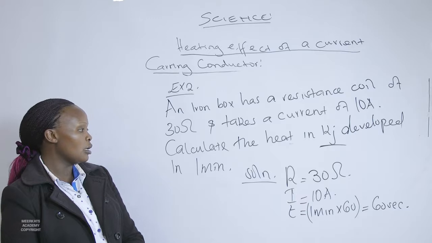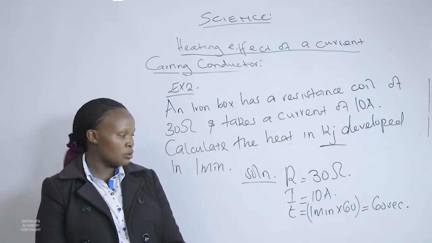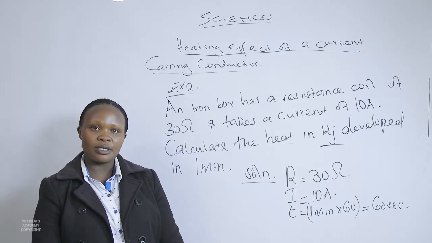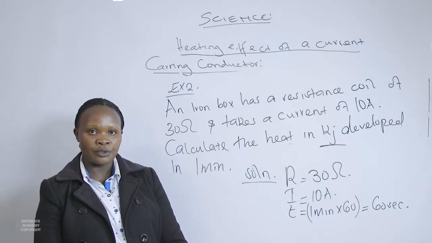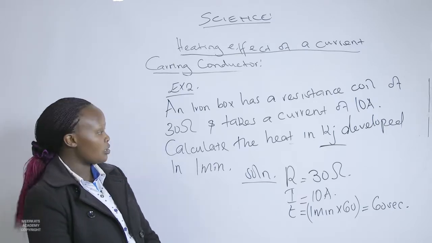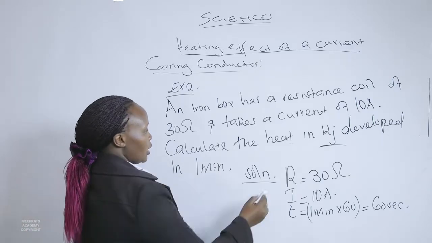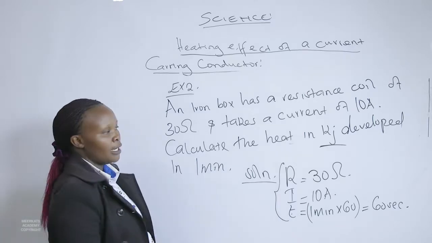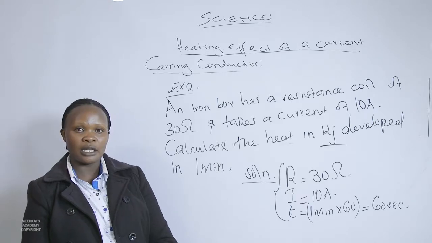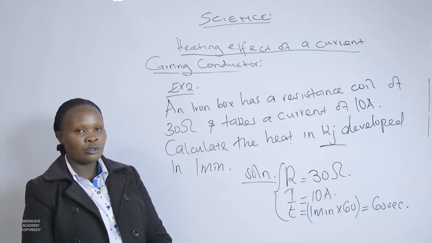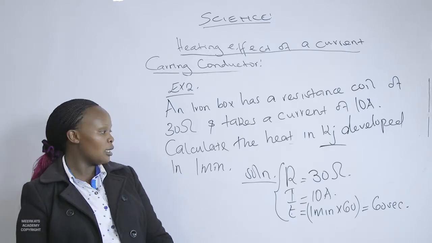Now, in the case where you are working on questions that relate more than one quantity, it is proper to express each one of them in SI units so that your accuracy is assured. So now, looking at what we have and bearing in mind that we are after the heat produced, you ask yourself, is there an equation that relates the three?